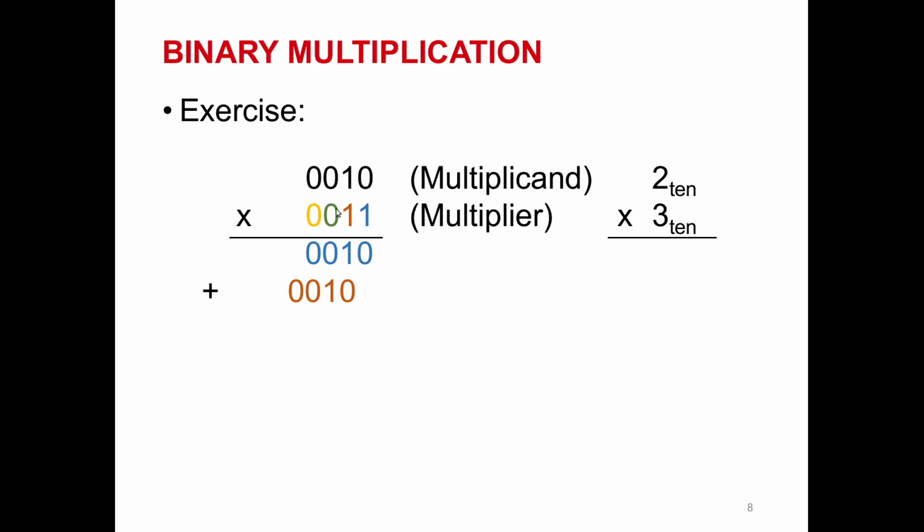Next, this value 0 will be multiplied with this one, and the result will be written down from here to the left. 0 multiplied with anything is 0, so we have 0 here. And finally, this 0 multiplied with this will be written from here further to the left. So we have all 0 here, and we add the columns together for the final result.